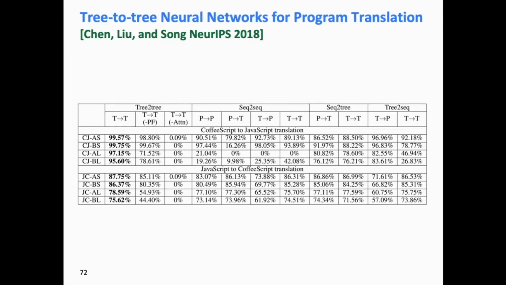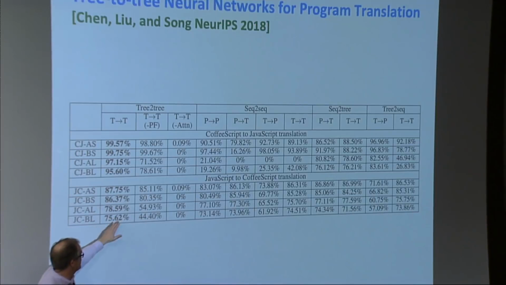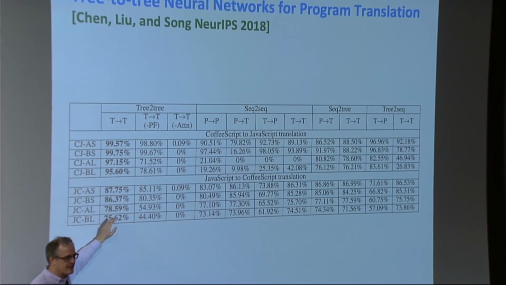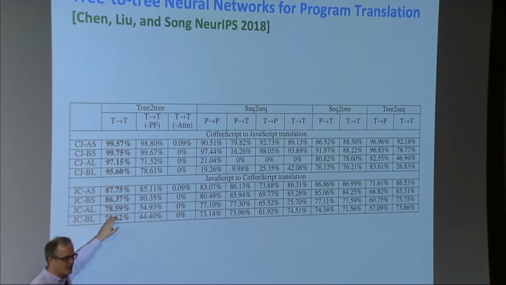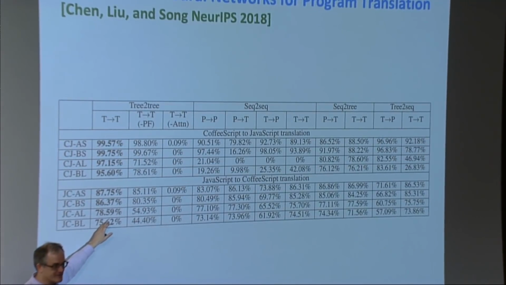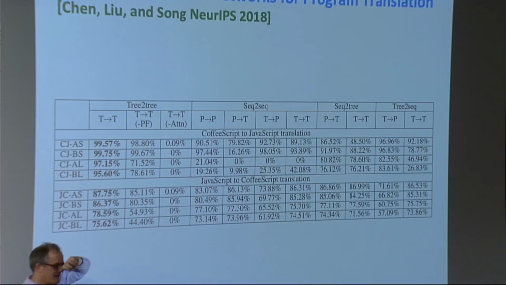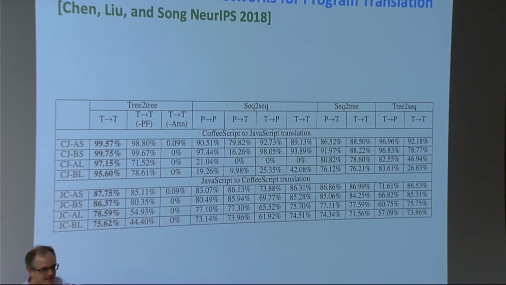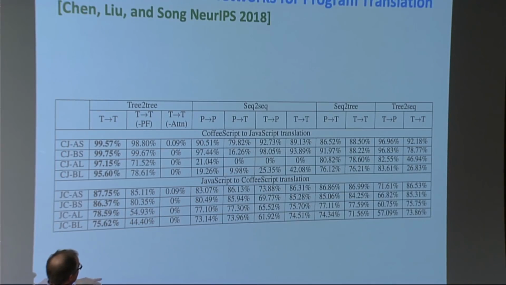And what they find is you can get the best results with the tree-to-tree neural network models. In particular, these tree-to-tree models are augmented with attention. So they have attention like we talked about for sequence-to-sequence models, where you're able to attend back to nodes in the tree structure, which is a pretty natural way of doing translation.